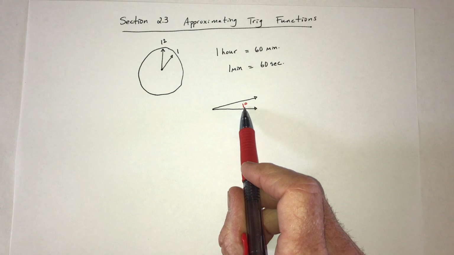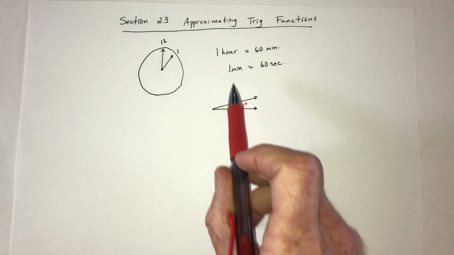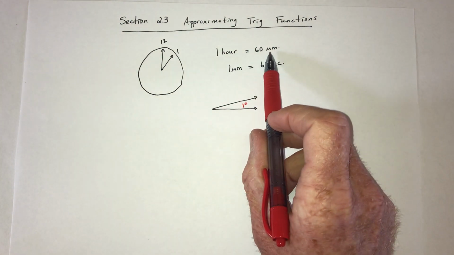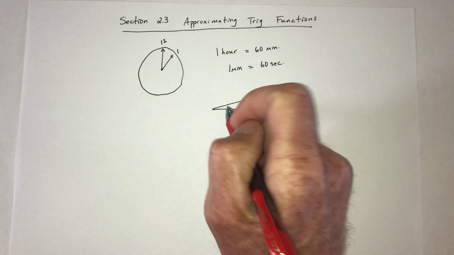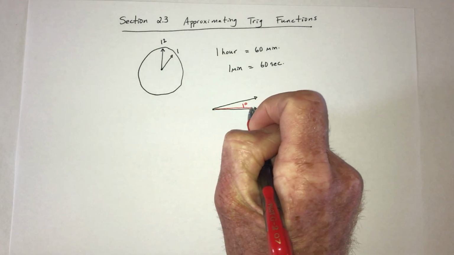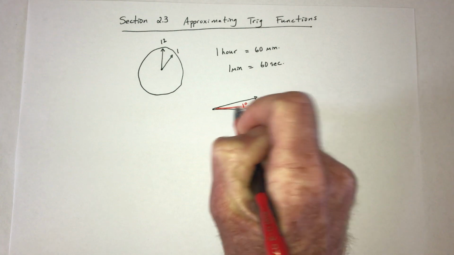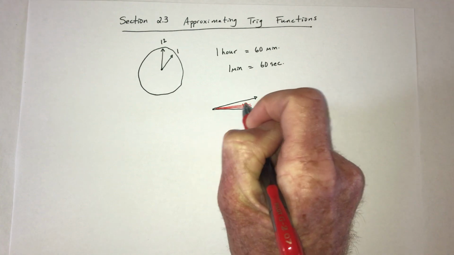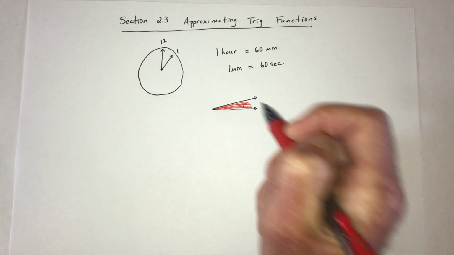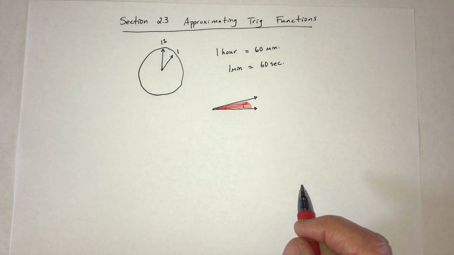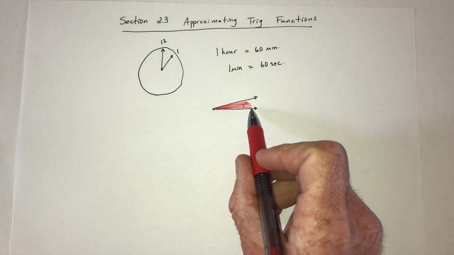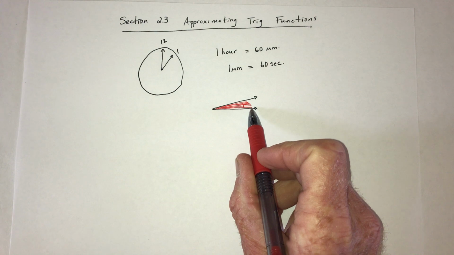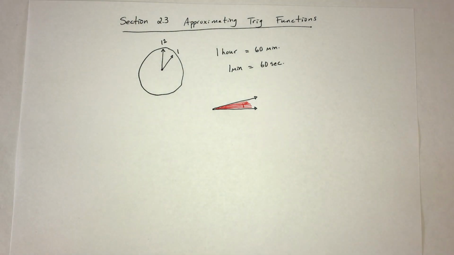But anyway, suppose that that's 1 degree. Well, that 1 degree can be broken up into 60 minutes. So break this up into 60 tiny pieces. Okay, you get the idea. Break it up into a whole bunch of pieces, and each one of those is a minute. And then each one of those tiny ones can be broken up into seconds.